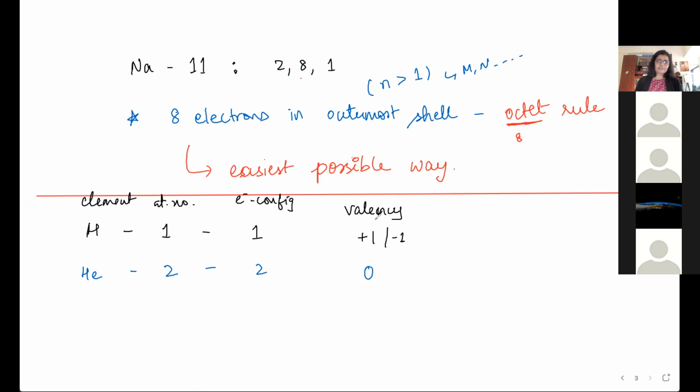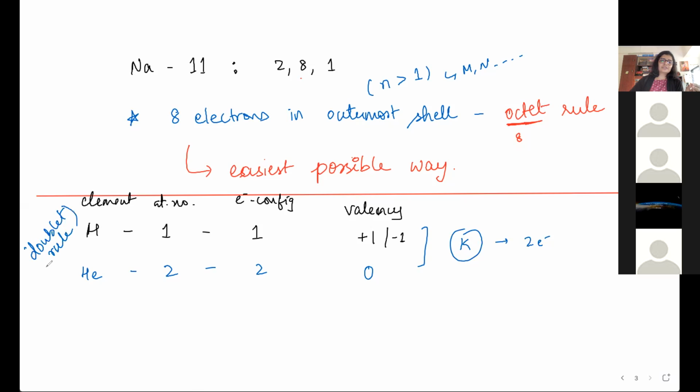But when we're talking about the K shell, its maximum, like in hydrogen and helium, they only have the K shell, whose maximum capacity is 2 electrons. In helium that maximum capacity has been reached. So it doesn't really care. So only for hydrogen and helium, something called the doublet rule is applied.